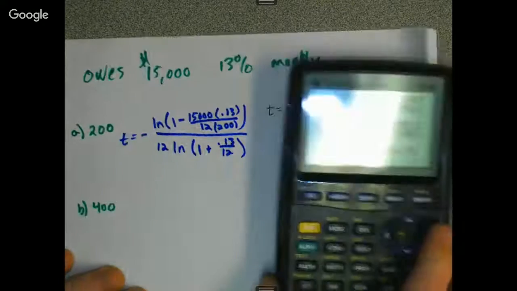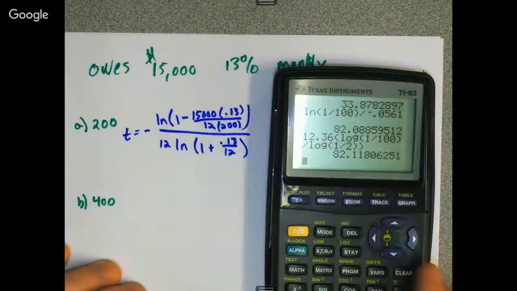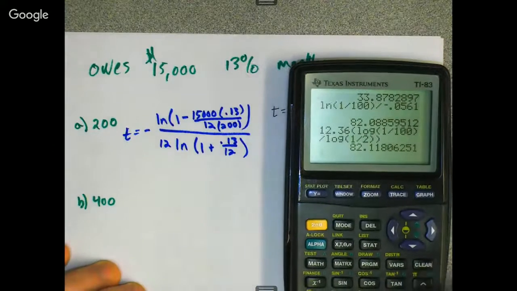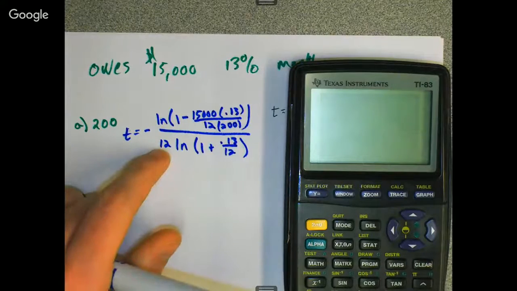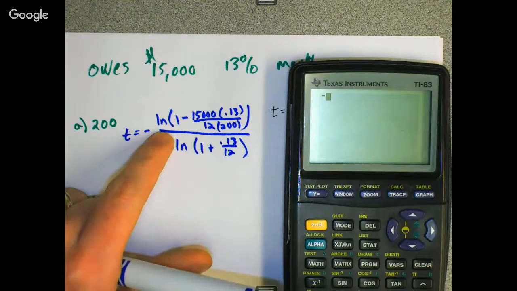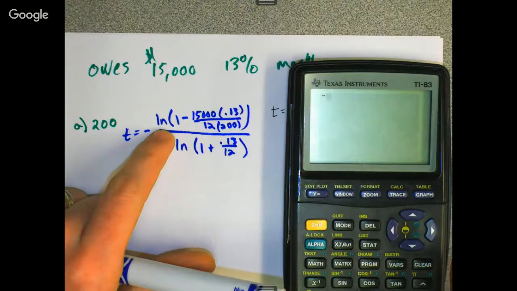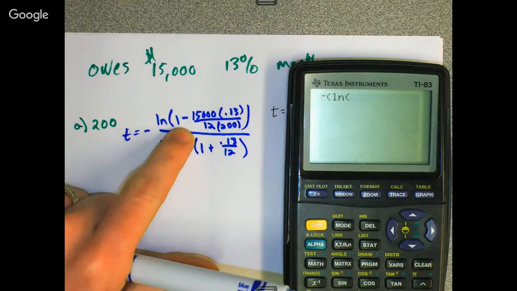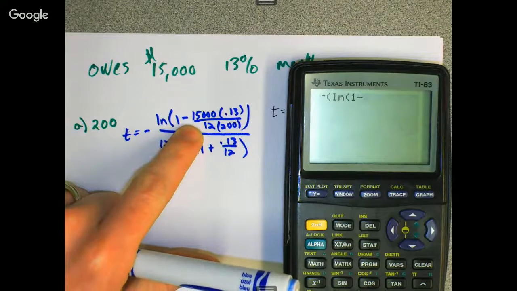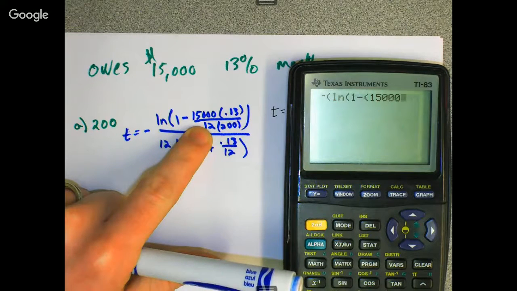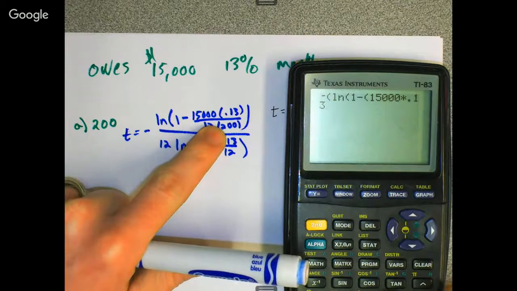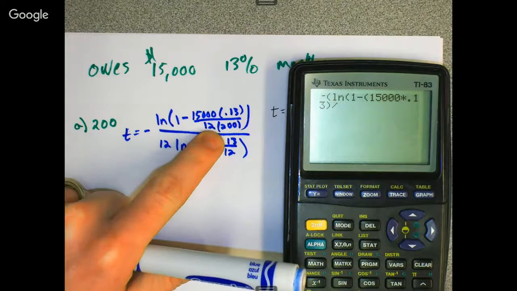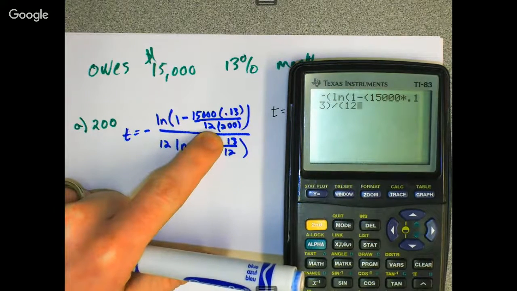We'll put it into the calculator here, and let's see what we get. Okay, so you have negative. Remember, lots and lots of parentheses will be helpful. So we'll put the whole top in parentheses. So ln of 1 minus 15,000 times 0.13 divided by 12 times 200.